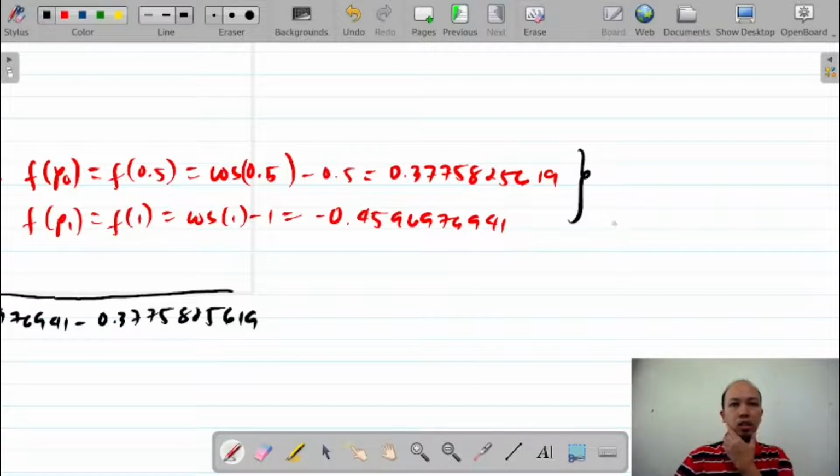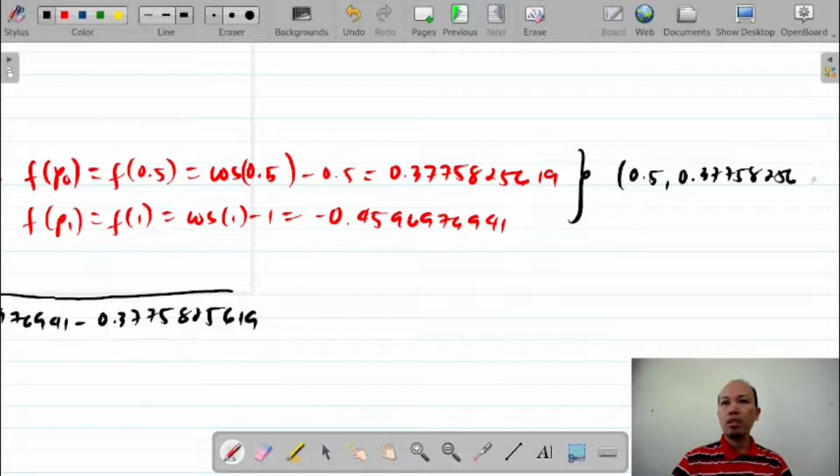Okay, to get the second line, notice that from here we have the point 0.5 comma 0.37758 25619, and also we have the point 1 and the negative 0.45969 76941.